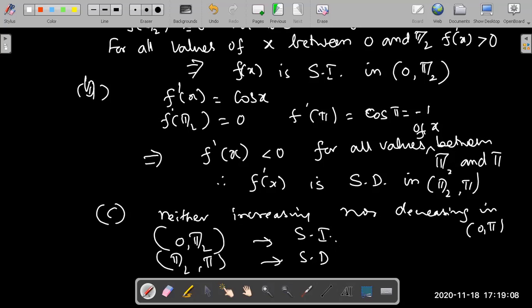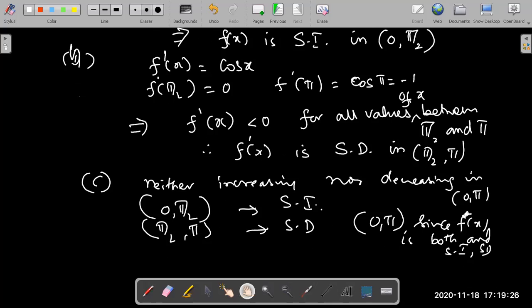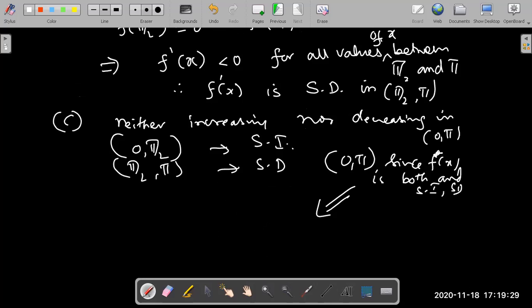So both increase and decrease happen if you take both intervals together. Therefore, since f of x is both strictly increasing and strictly decreasing, it is neither increasing nor decreasing over the total interval 0 to pi. This is the English we have to write there.